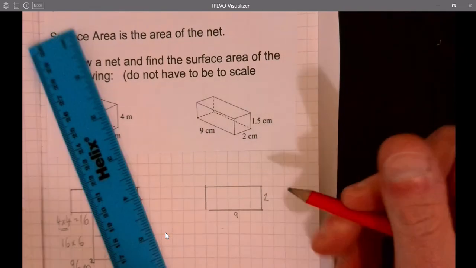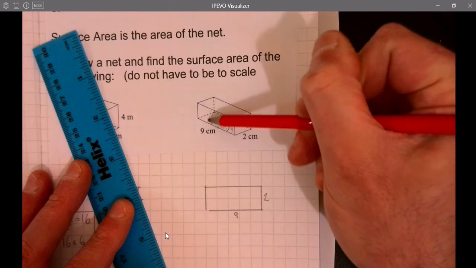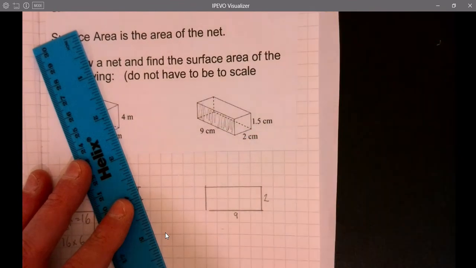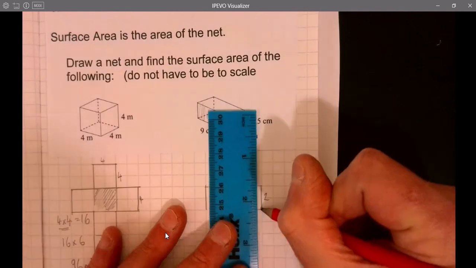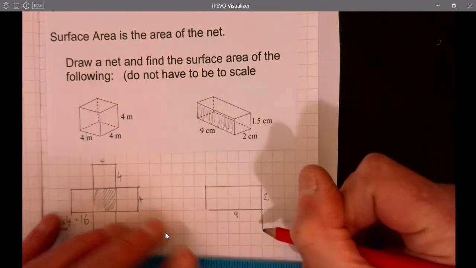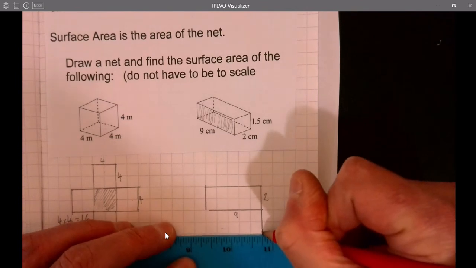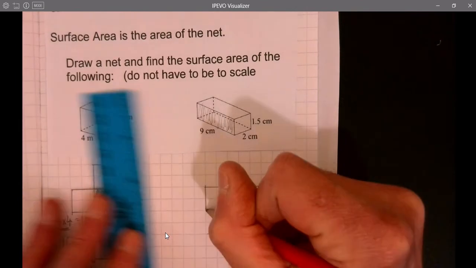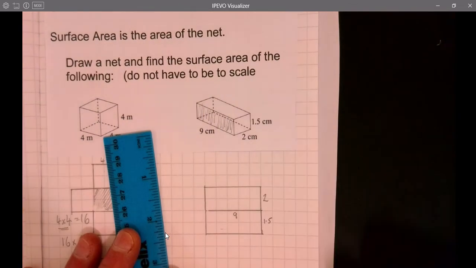And then if I look at these side parts here, imagine this part just there. That's got a height of 1.5 and it's got a length of, so I could make it slightly shorter. I'm actually going to go up to there just to make it a little bit easier for me to draw. That bit there would be 1.5.